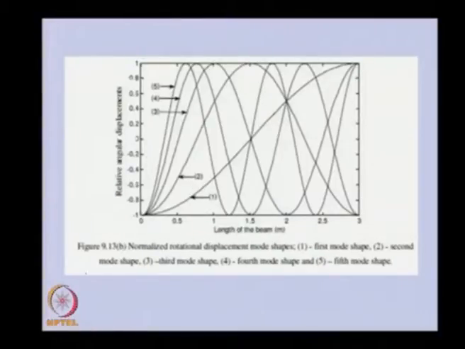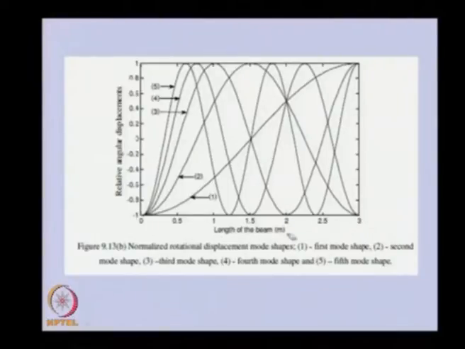This corresponds to the slope variation for modes 1, 2, 3, 4. So you can say this is for the first mode, the second mode. This is the slope variation, as we have seen in the previous eigenvector, which contains not only the linear displacement but also the slope. So that can be extracted, and the slope variation along the length of the beam can be seen.